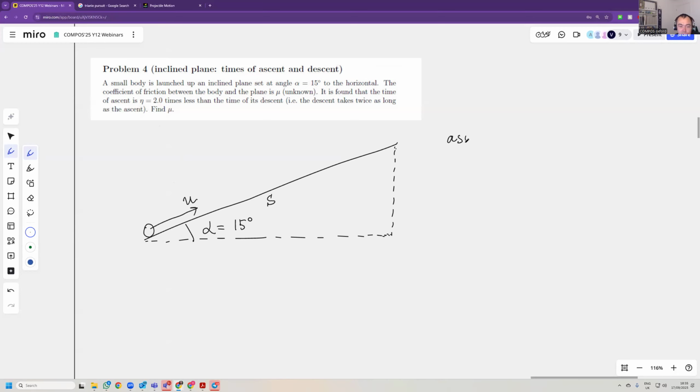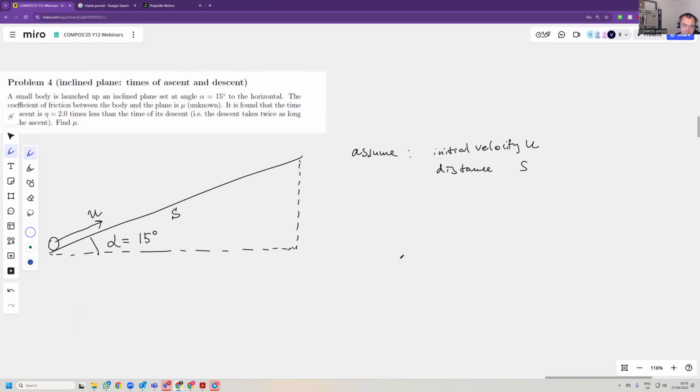So assume initial velocity is u, and distance is s. We do not know them. They remain unknown.